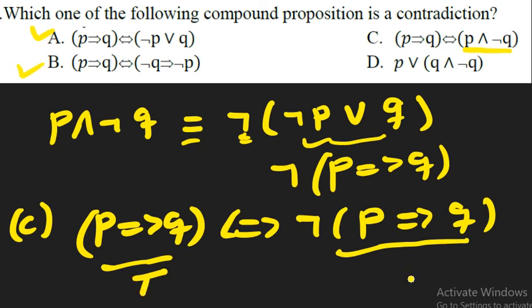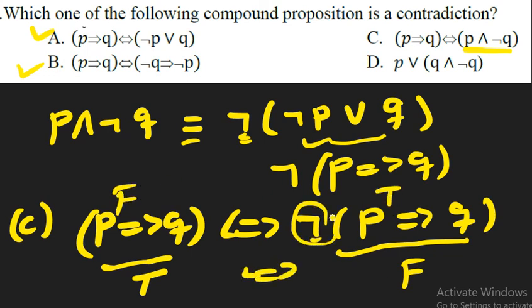If this is true, necessarily this must be false. If this is false, necessarily the other will be true, because negation is there. Therefore, this is always false. That means it's a contradiction. So the answer necessarily will be C.